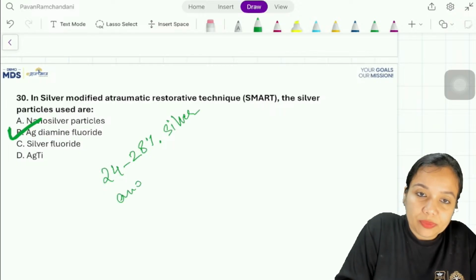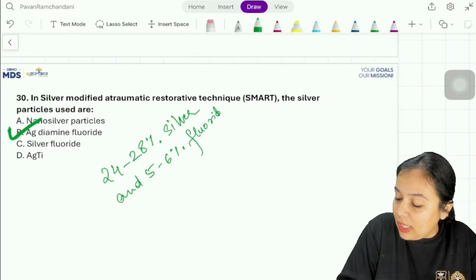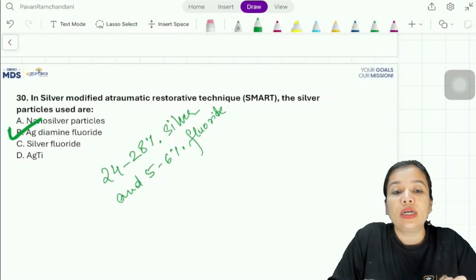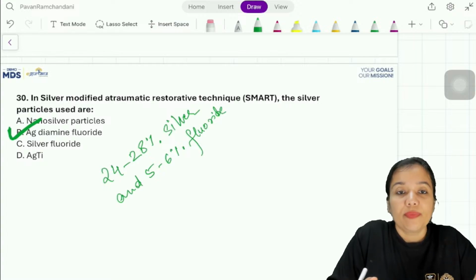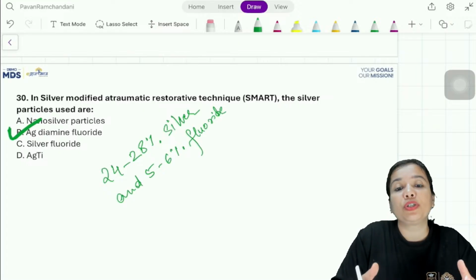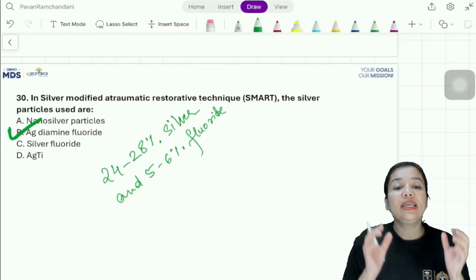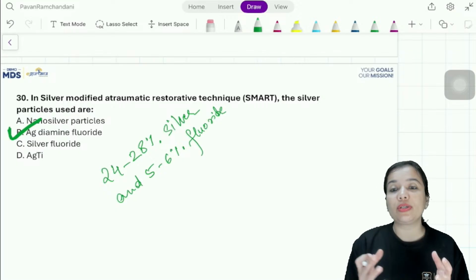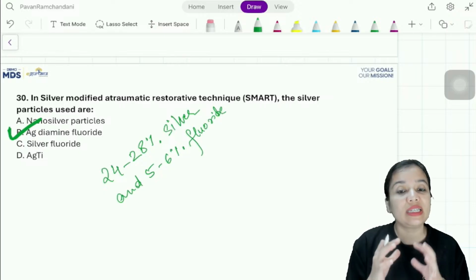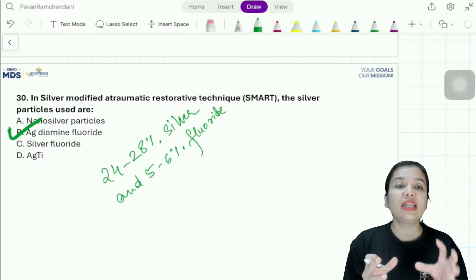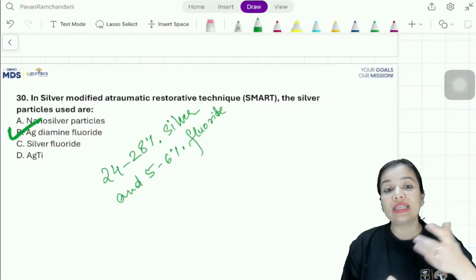Yes, and 5 to 6% of fluoride is present in case of silver diamine fluoride, that is SDF. Then basically oral absorption can include absorption in the mucous membrane in the mouth and the nasal cavity in case of SDF. The main advantage is the aesthetic result, because as I told you, it permanently blackens the teeth, and that is the main disadvantage. Otherwise, it has excellent results in arresting the active caries lesion.